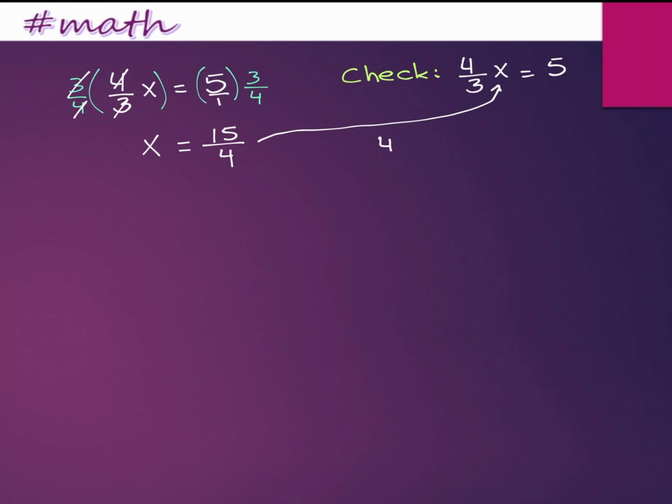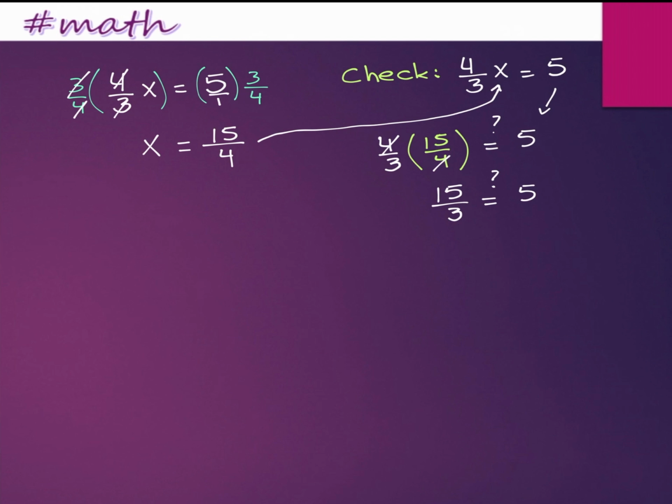So we do 4/3 times 15/4 instead of x. And we want to find out if that equals 5, this side of the equation. So the 2 4's here cancel out, and we're left with 15/3, and we want to find out if that is 5.